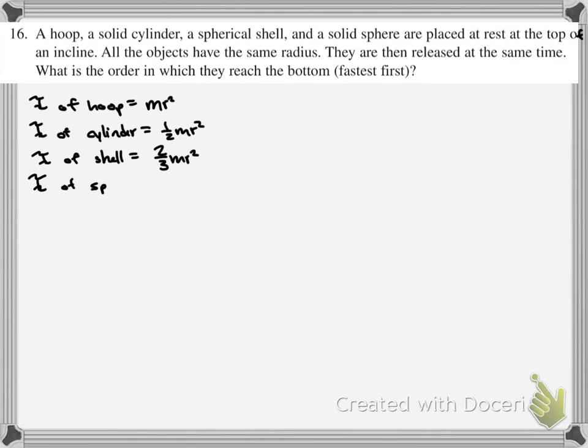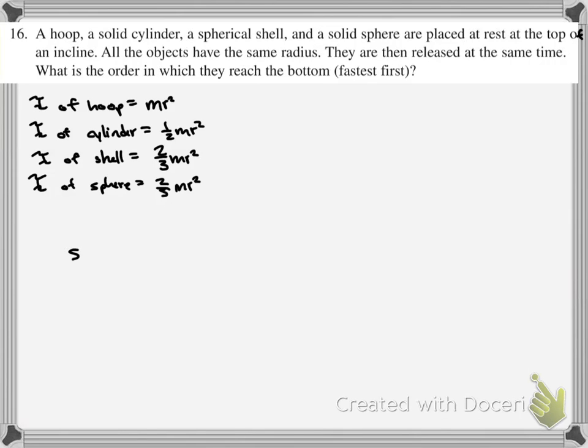Okay, so look at the equation sheet and write down the inertia for each of those four objects. We're getting that the hoop is mr squared, the cylinder is half mr squared, the shell is 2/3 mr squared, and the sphere is 2/5 mr squared. Any object that has less inertia will travel fastest.